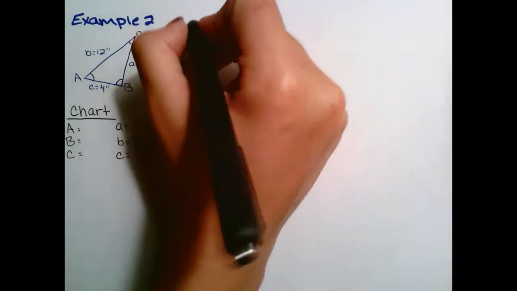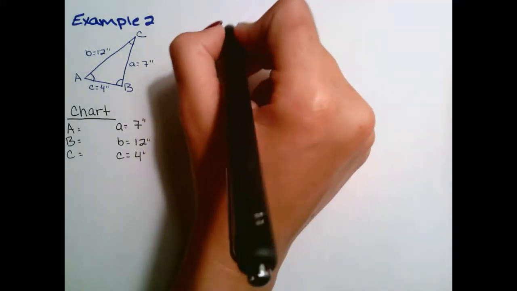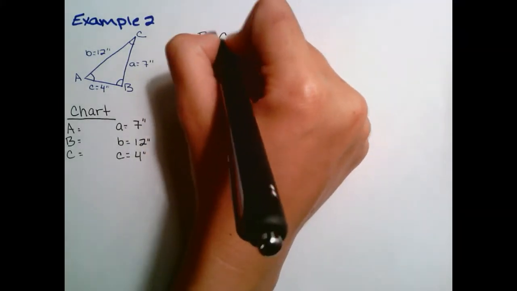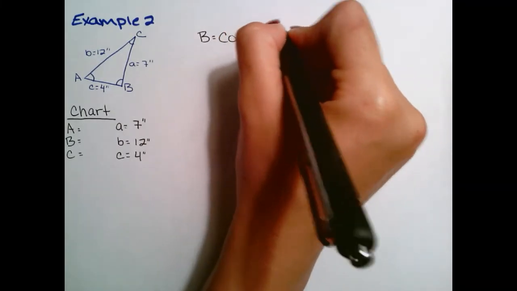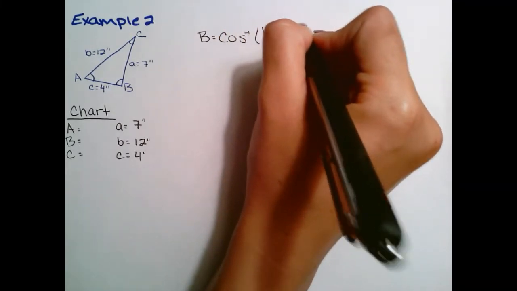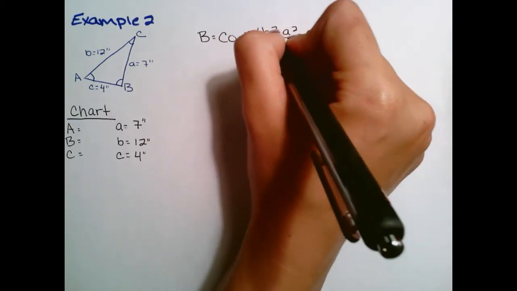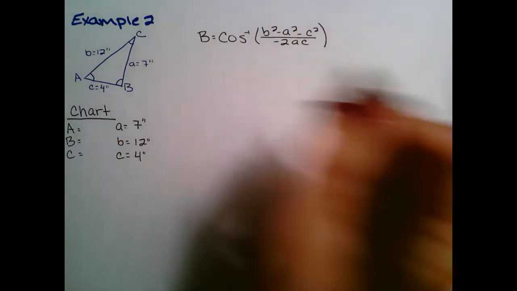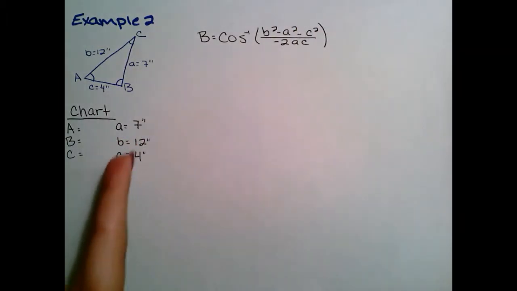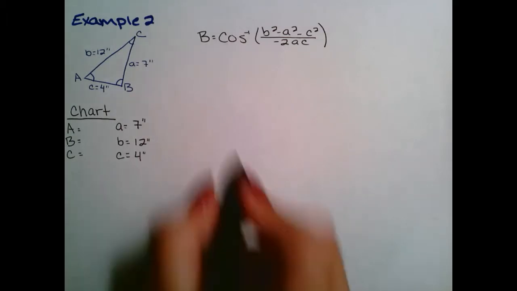So going back to our notes, we're going to be using the formula where we're looking for angle B. I'm rewriting it real quick for you. All right, so all we're going to do is rewrite this formula with these numbers in the correct spot and then plug it into our calculator.